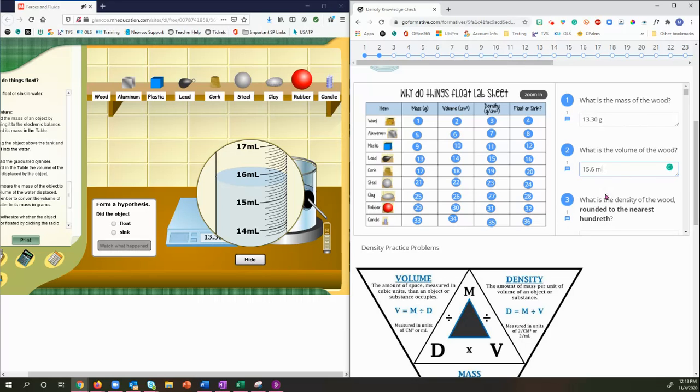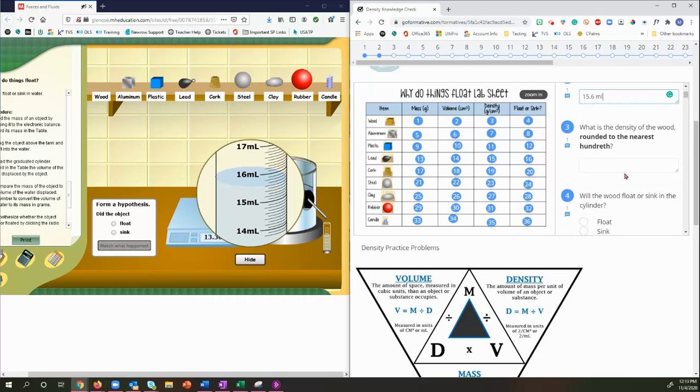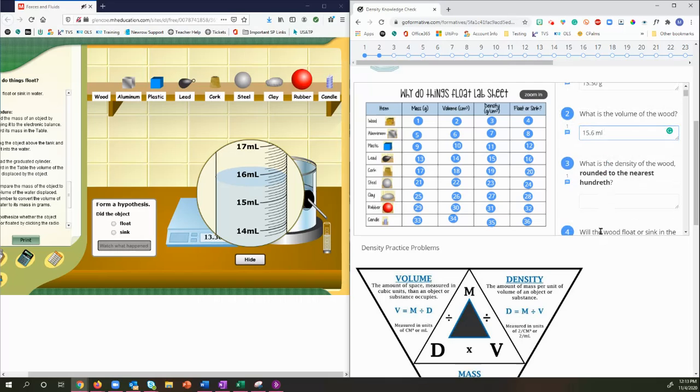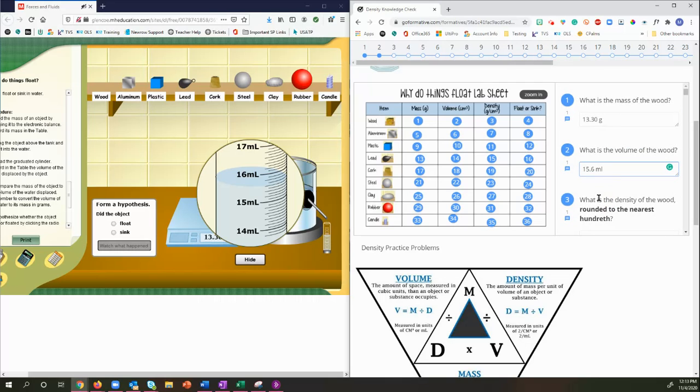After you've found this out, next you need to find the density, and hopefully you have a calculator. Now that I'm doing this, I'm going to go back into our formative and embed a calculator for you. So to solve for density, and you can refer to the image down here, you do mass divided by volume.